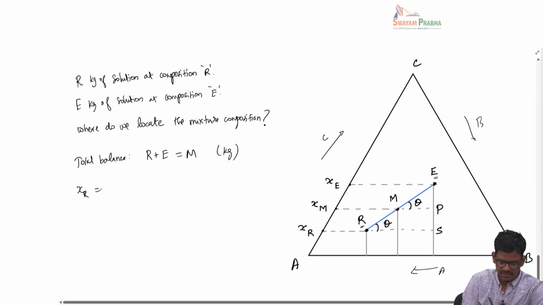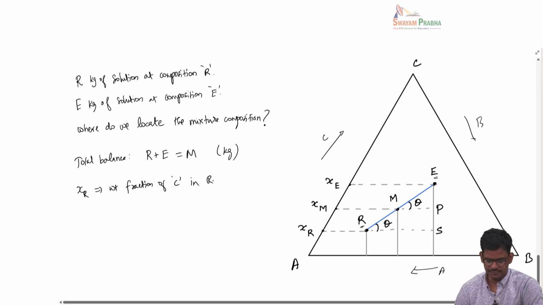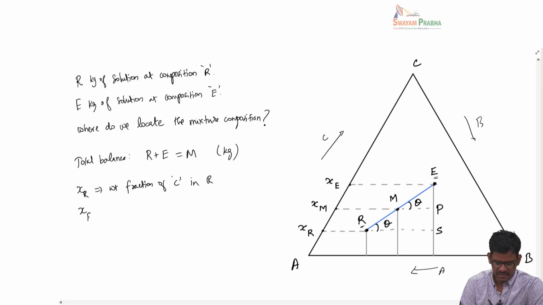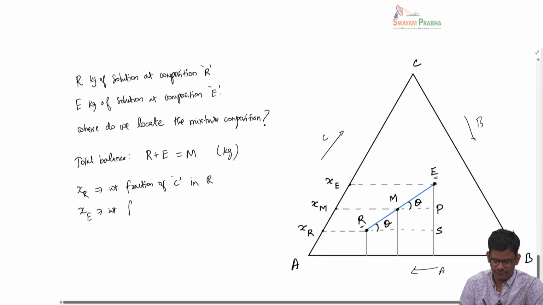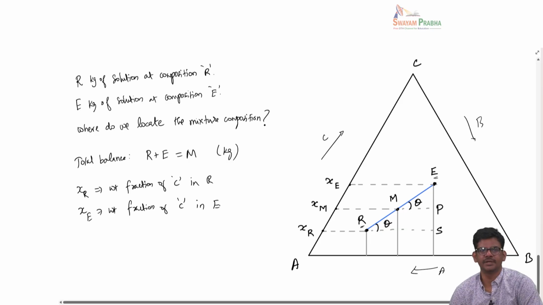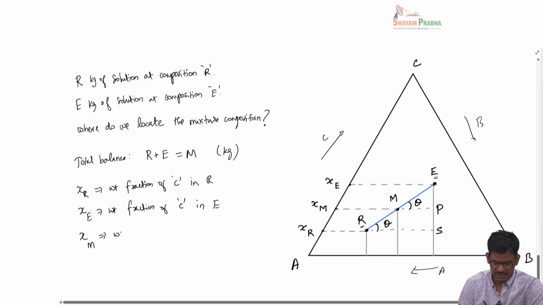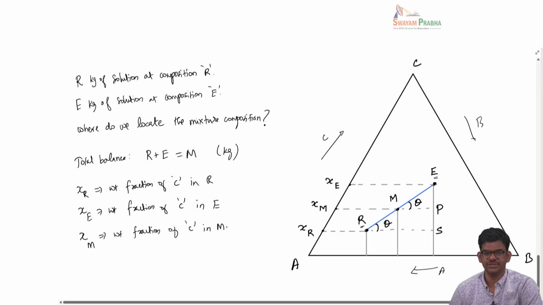Okay, XR is the weight fraction of C in the liquid R, and XE is the weight fraction of C in the liquid E, and XM is the weight fraction of C at the mixture composition.